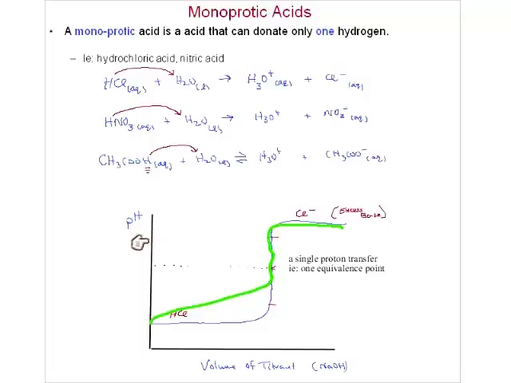So the equivalence point pH is going to be up here. But the characteristic thing here is that each of these is a monoprotic acid. So no matter whether we start low or high, or whether the curve is very level or slanted, the important thing is both of these would have one vertical region. So both of these would be representing a single proton transfer.